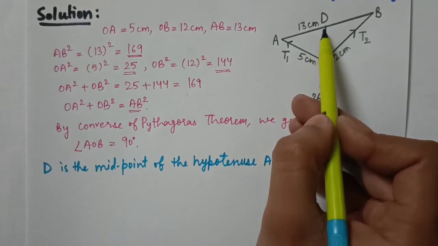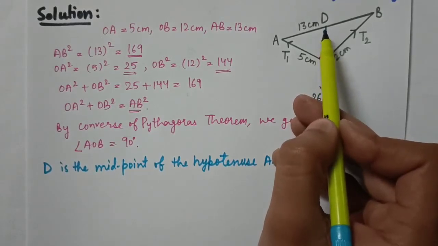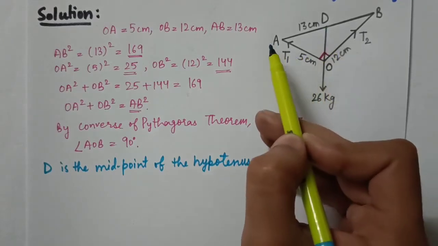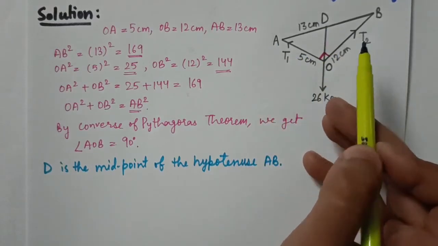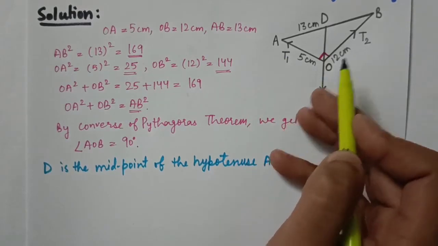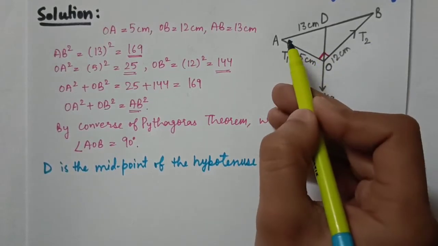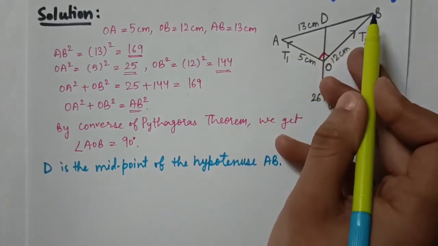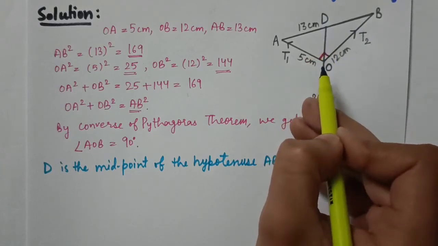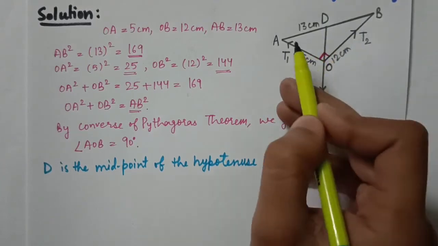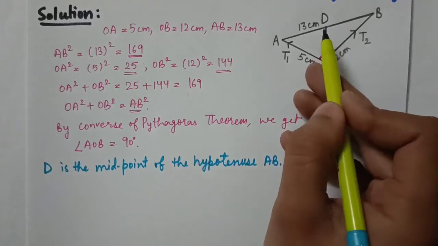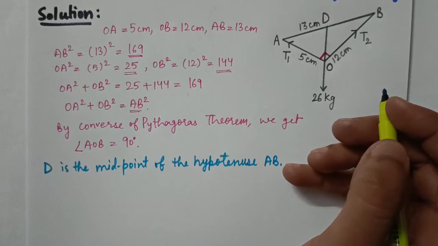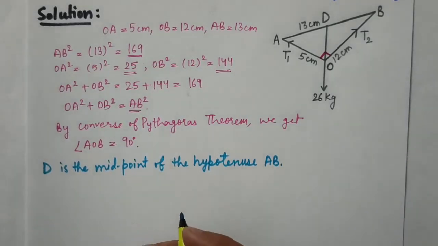So this point D is the middle point of the hypotenuse, which means it is at equal distances from all three vertices A, O and B, which means DA, DB and DO are all the same. That is to say that the midpoint of the hypotenuse is equidistant from the three vertices of a right angle triangle.